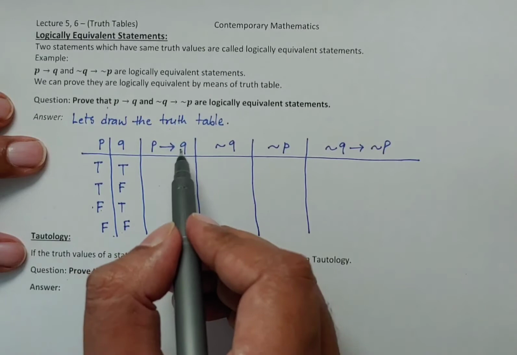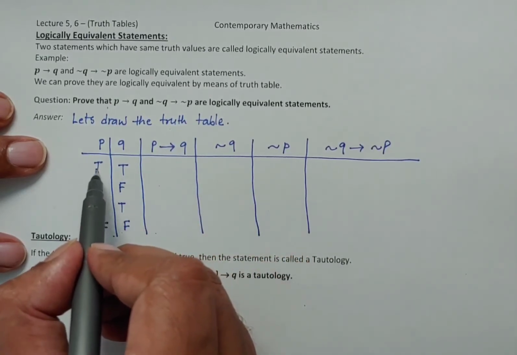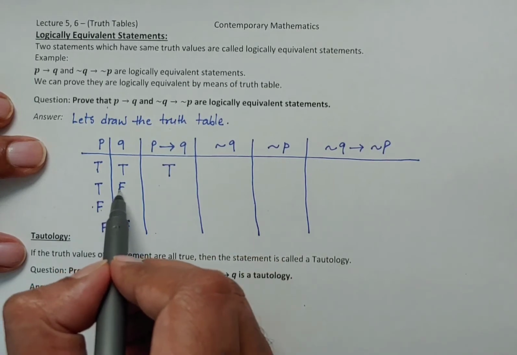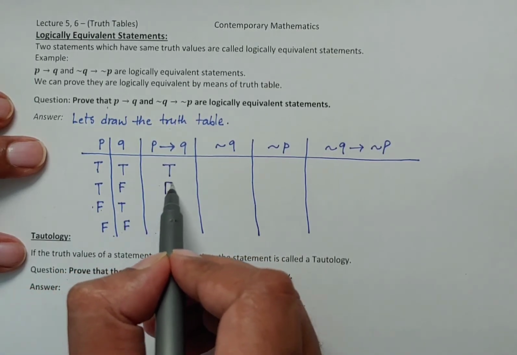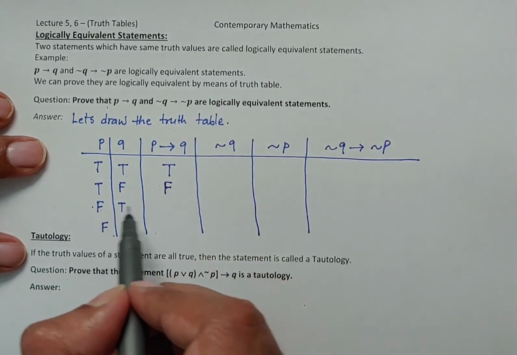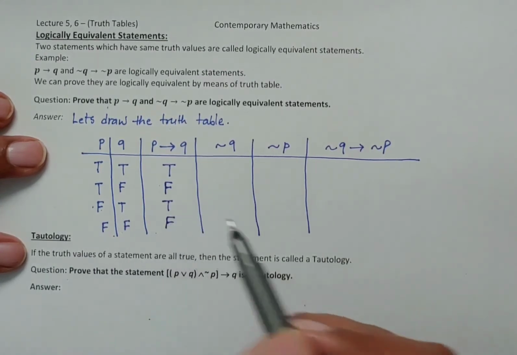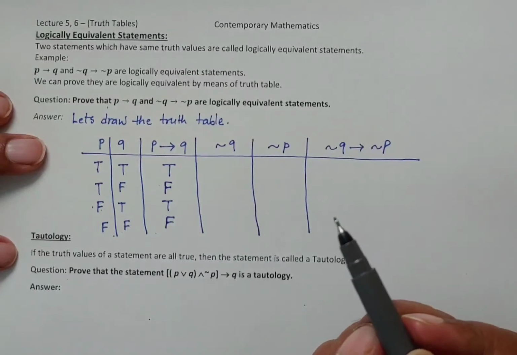P implies Q: true implies true is true. True implies false is false. False implies true is true. False implies false is false. Right? So that's how we have been doing.